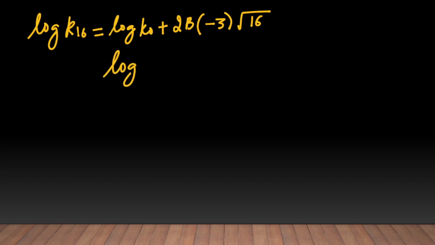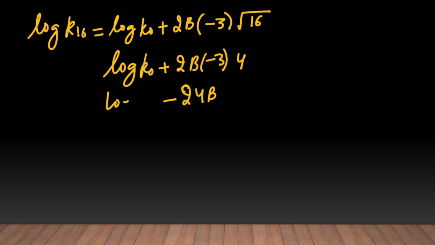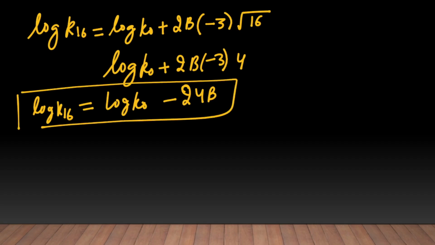So this becomes equal to log of K naught plus 2B into minus 3 into 4. So 4 3s are 12, 2s are 24. So it becomes minus 24B in this case. This is equal to log of K naught. This is equal to the log of K when the ionic strength is 16 moles per liter.